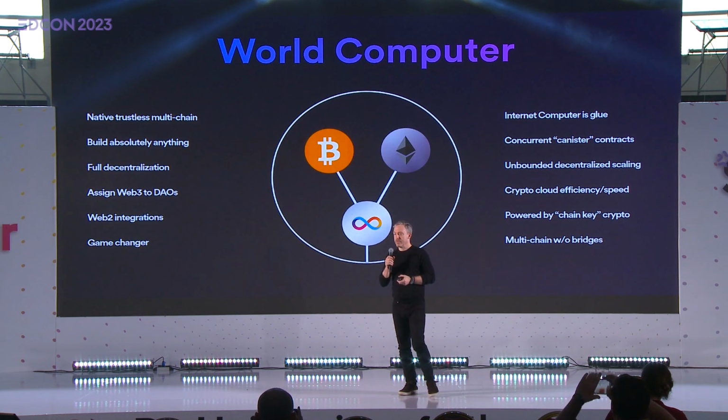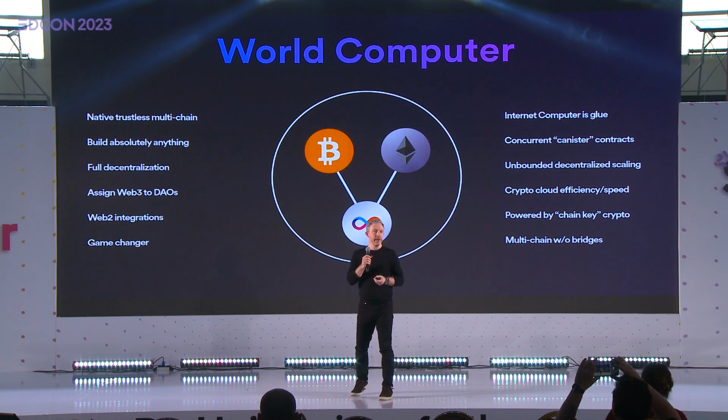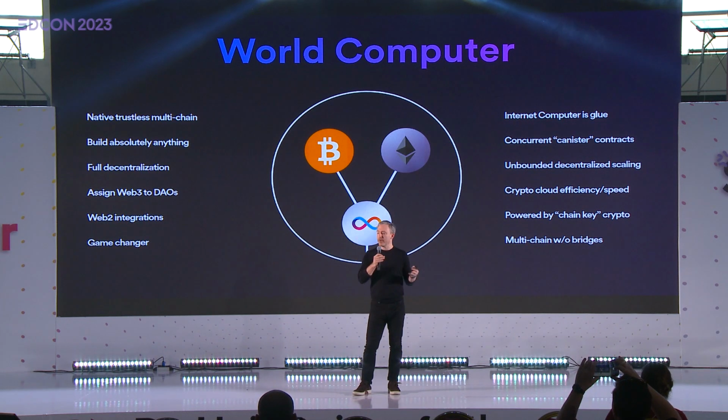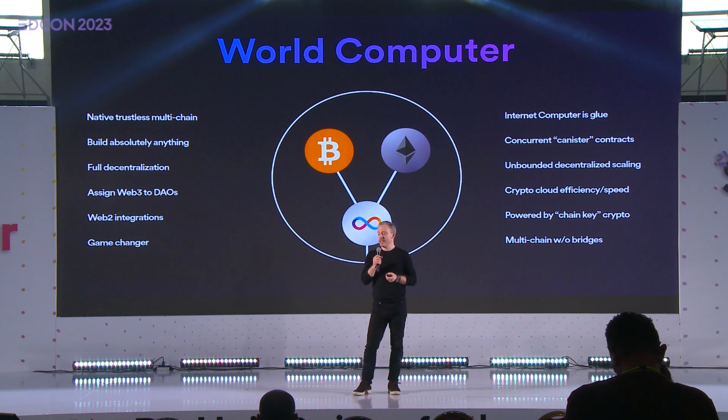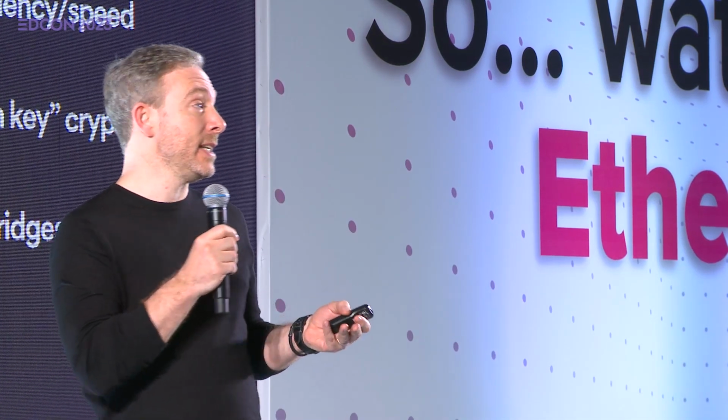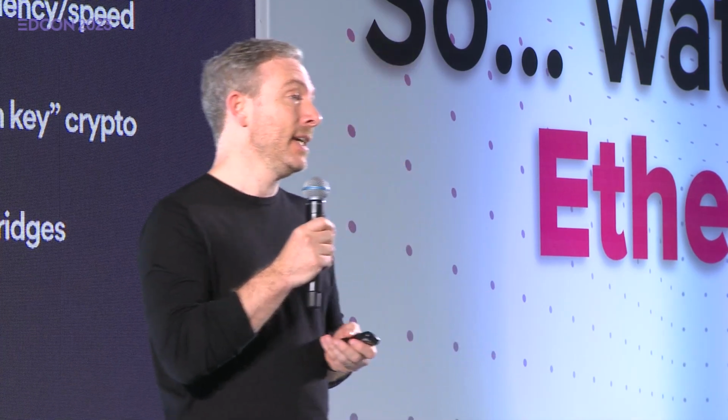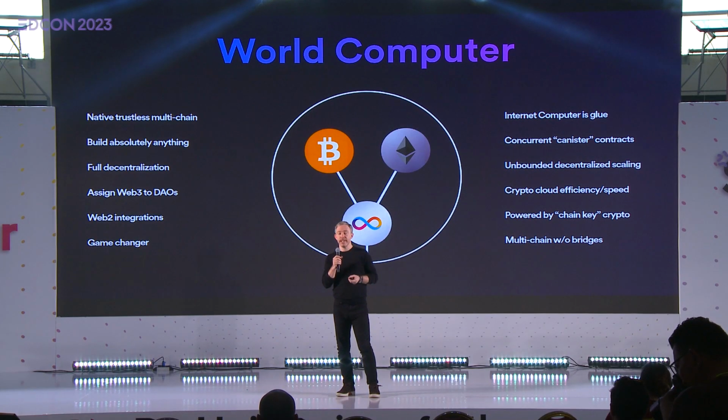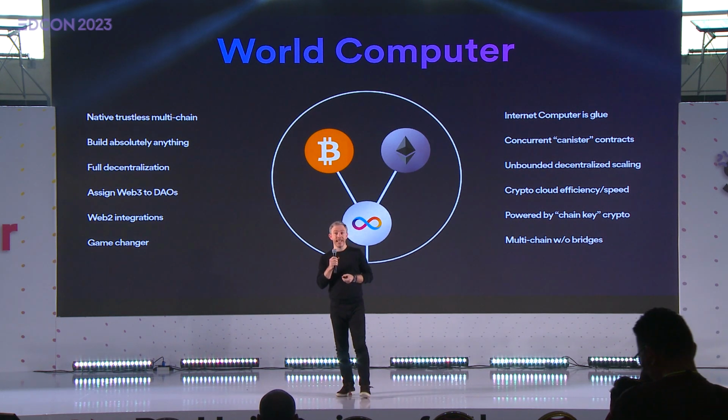So what does this world computer do? If you can combine different chains and you can add crypto cloud functionality, one of the things it can do is trustless multi-chain. The Internet Computer can interact with other blockchains without bridges. You can build absolutely anything on it.